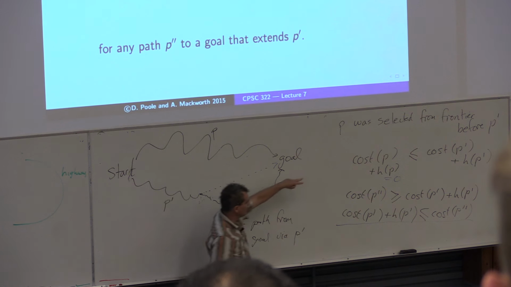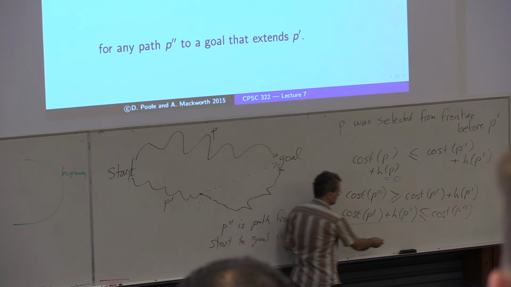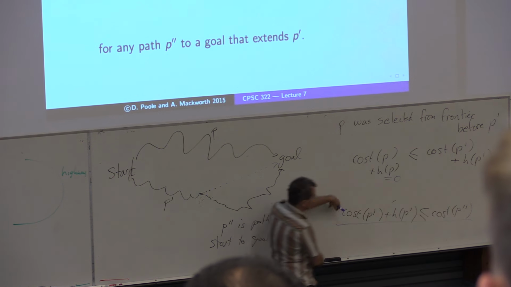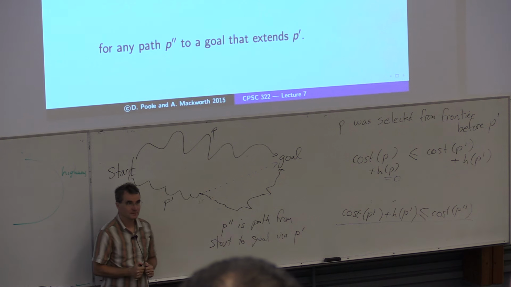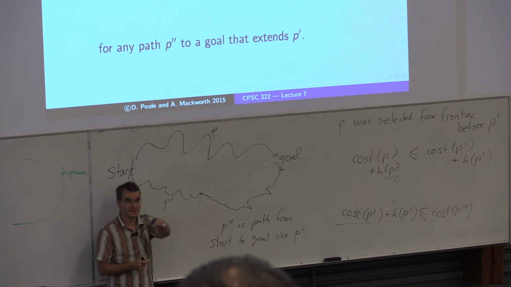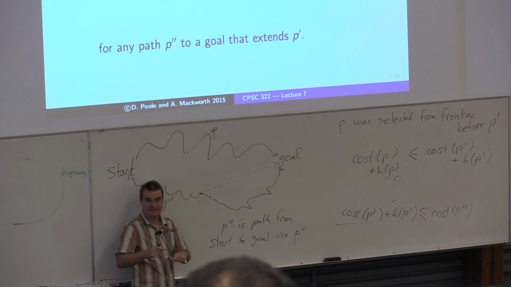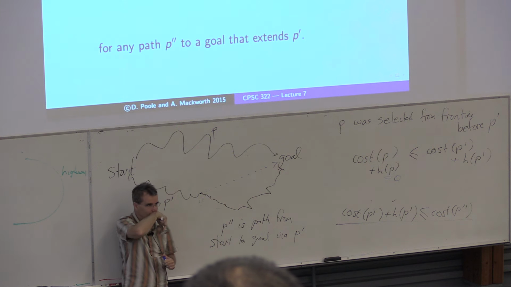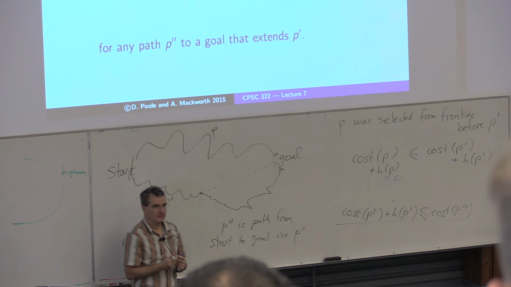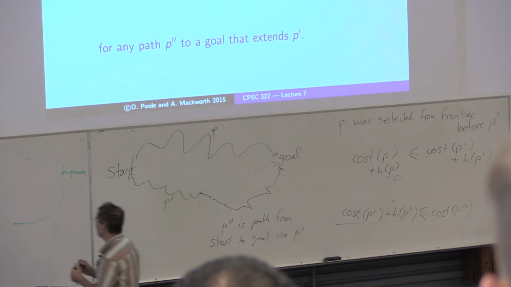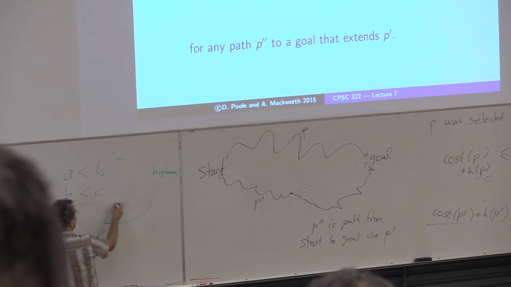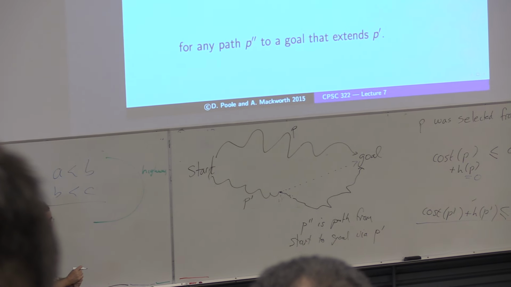Come on, someone else. What do I get? If you have A is less than B and B is less than C, what do you know? A is less than C.